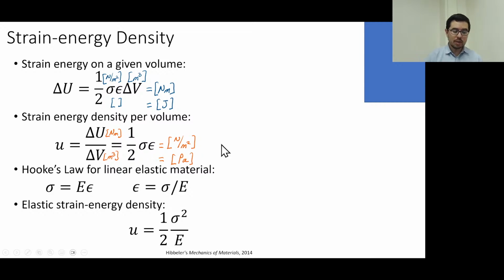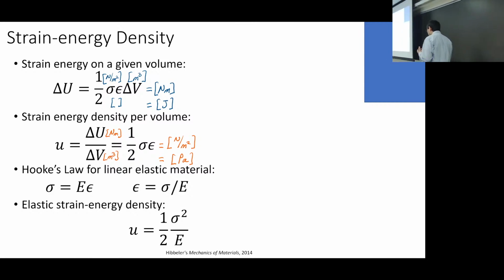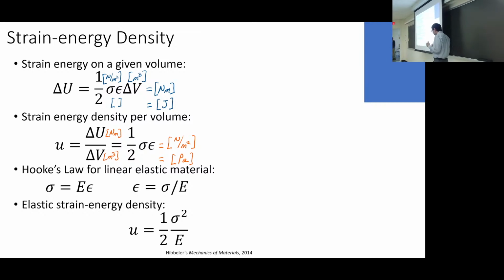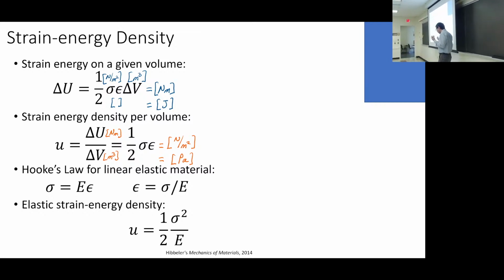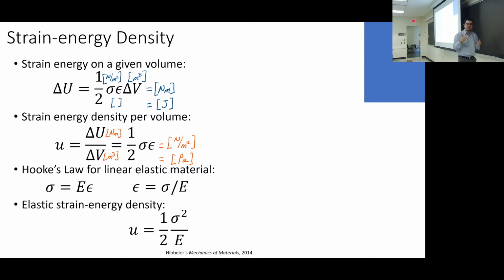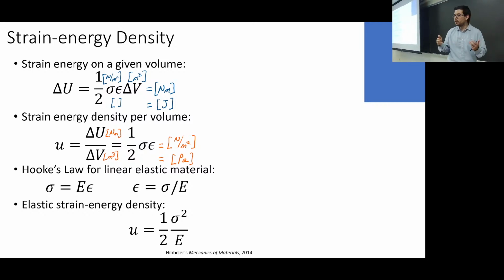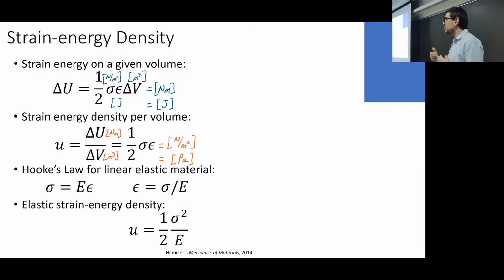Or you can just think of it as a strain energy density: joules divided by meters cubed, some amount of energy divided by volume. Newtons per meter squared is pascals, and that's nice because you know that sigma is often in pascals, and epsilon is dimensionless. So again, the units work out.